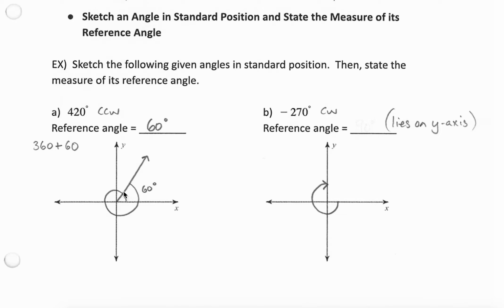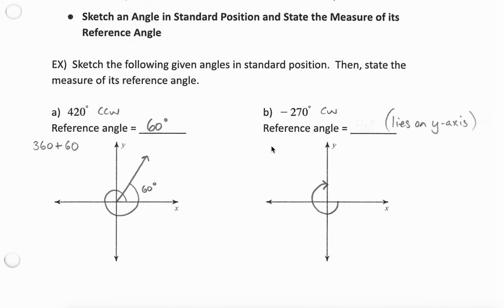So opening up counterclockwise from our initial position, going a full rotation plus an extra 60 degrees puts us approximately right there. As long as you include this reference angle right here, we know that regardless of where you drew your ray, we don't have to check it with a protractor. We know that we meant to make it 60 degrees right there.